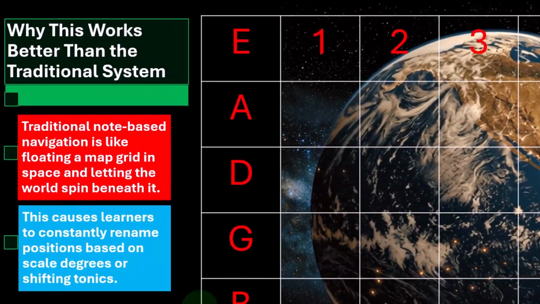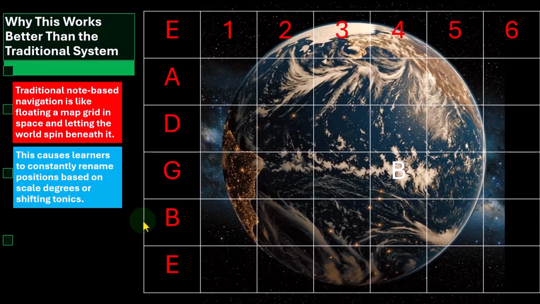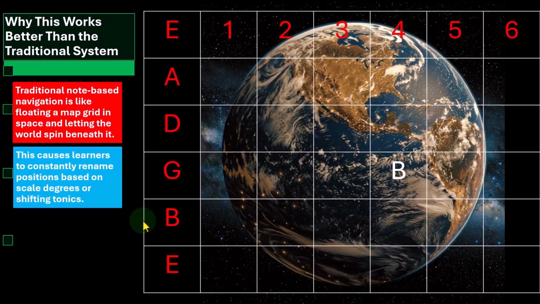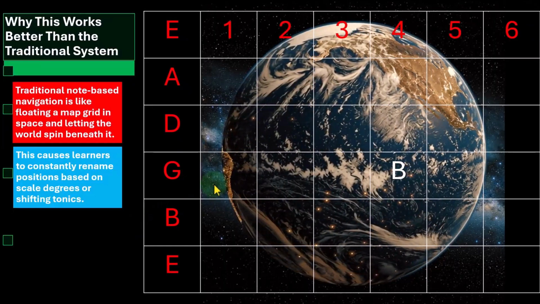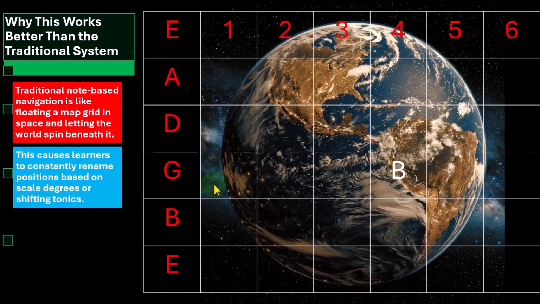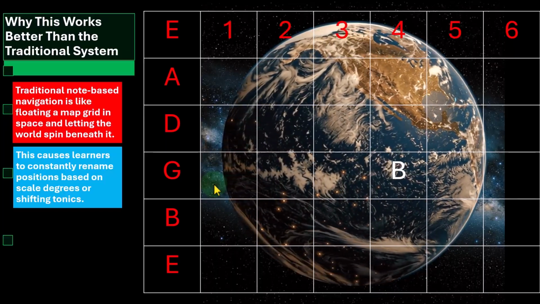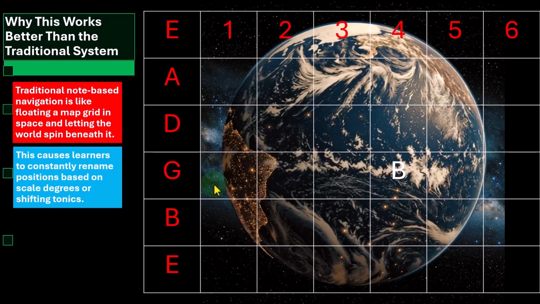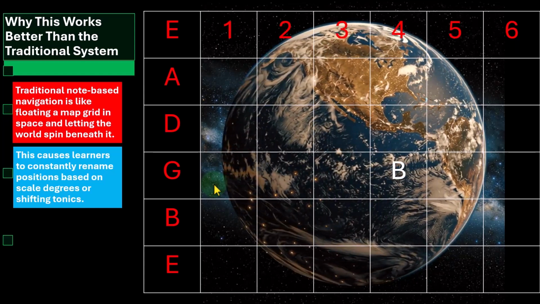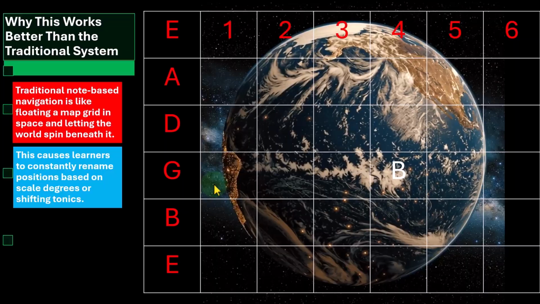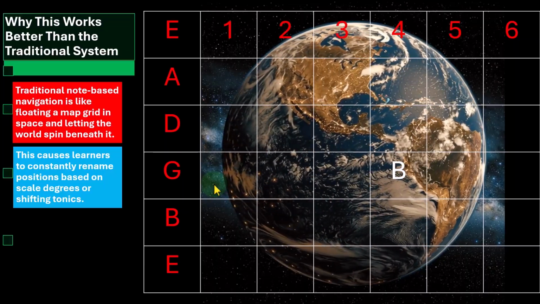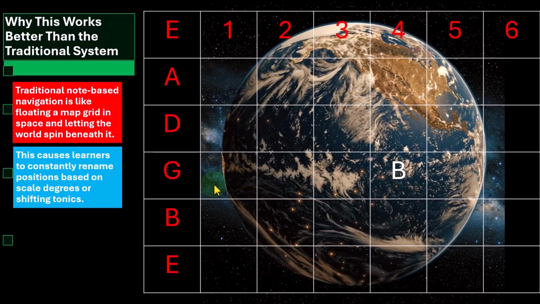This causes learners to constantly rename positions based on scale degrees or shifting tones. Now, one of the problems with this is that the scale degree system, because of that off by one measuring problem we touched on, has all these kinds of terms which are not optimal. They lead us to thinking in improper ways.